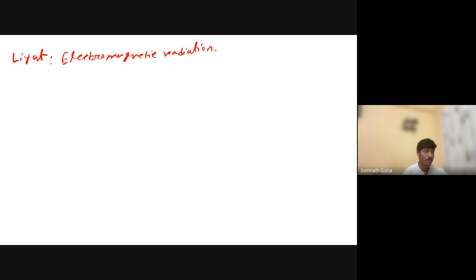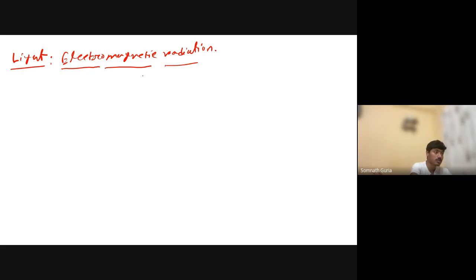We know light is nothing but electromagnetic radiation. Okay, we have the light, which is actually a combination of electric field as well as the magnetic field.